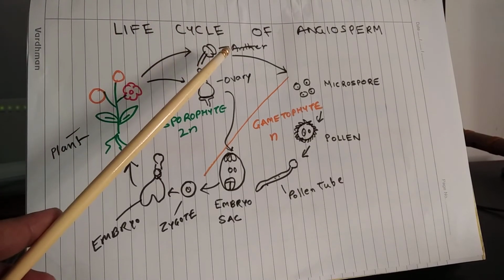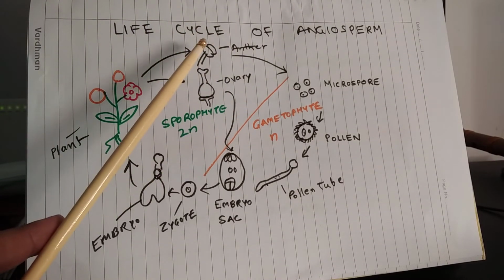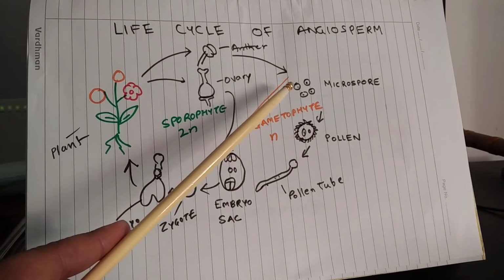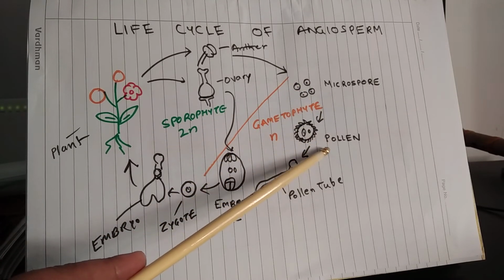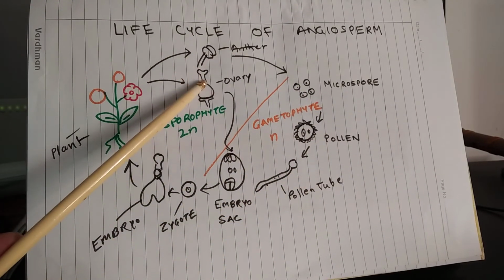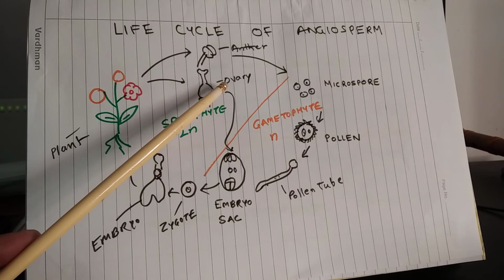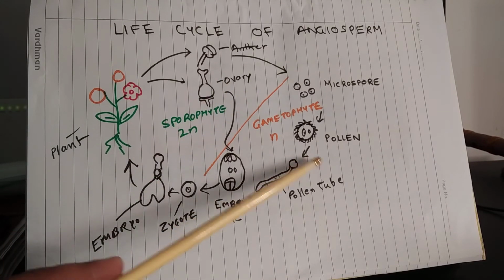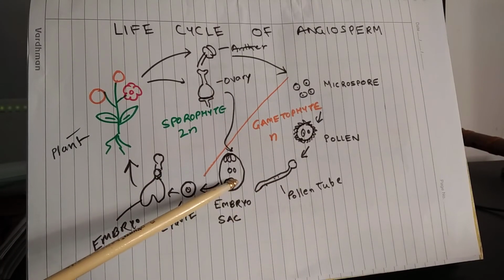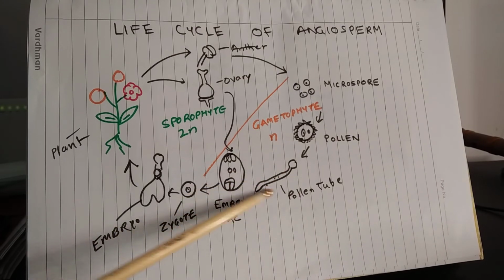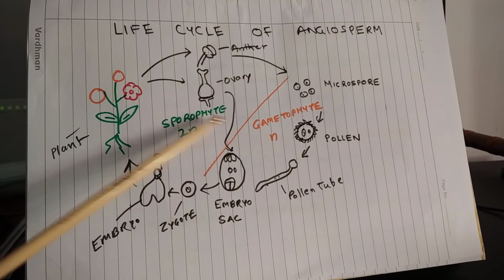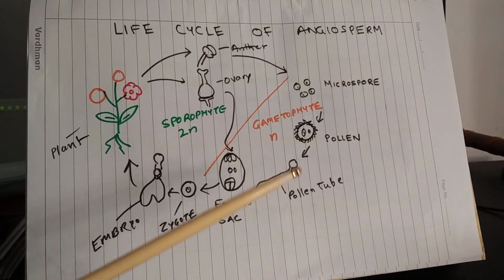Meiosis takes place inside anthers and ovary, and anthers produce microspores which grow into pollen grains. The ovary produces the ovule or embryo sac, and one of the pollen grains enters the embryo sac through the pollen tube, and that is how fertilization takes place.